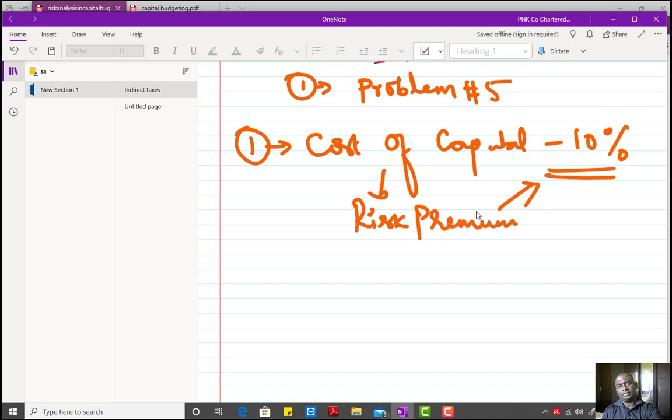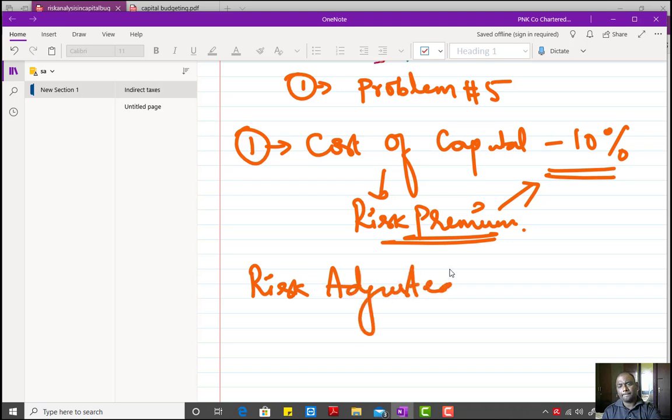So technically, risk adjusted discount rate means, see here, I am not touching the cash flow. Whatever cash flow I projected will be the same. But the only thing is, if there is a risk involved in this project, to that extent of the risk, I will change my cost of capital.